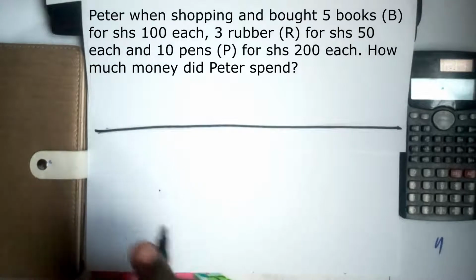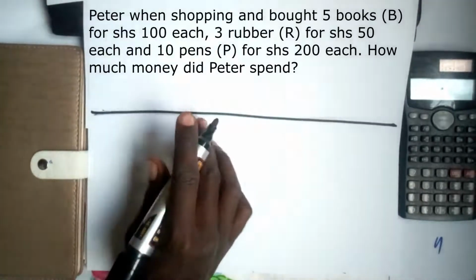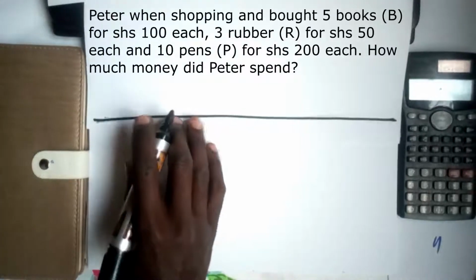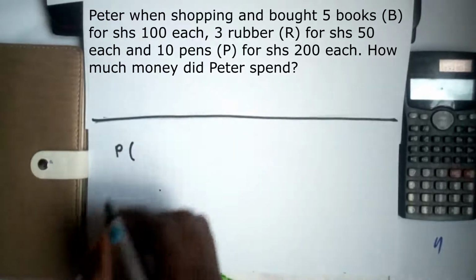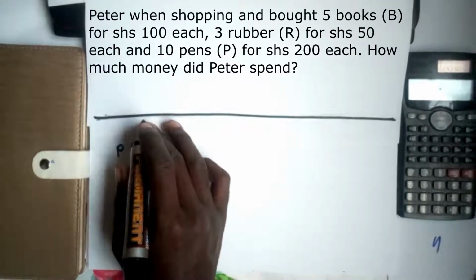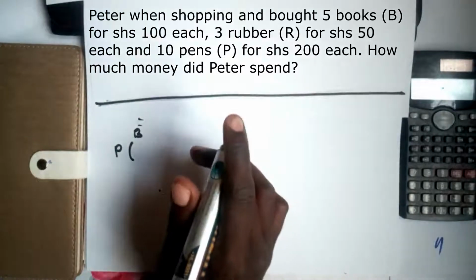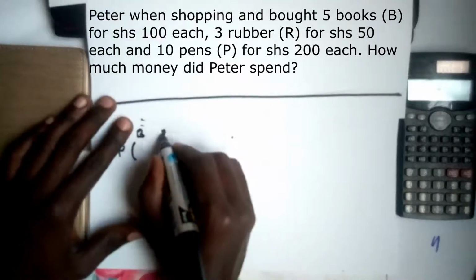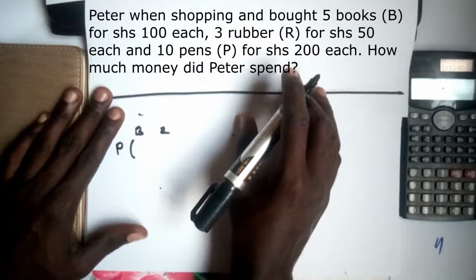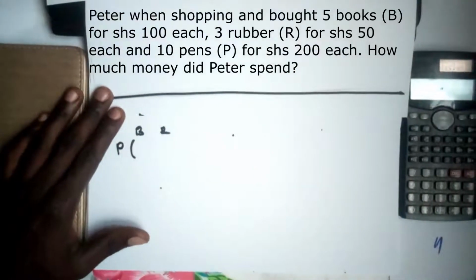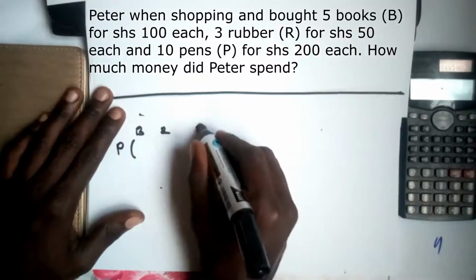So we are going to form a matrix for Peter, whereby Peter is going to buy books B, he's also buying rulers R, and he's also buying pens.